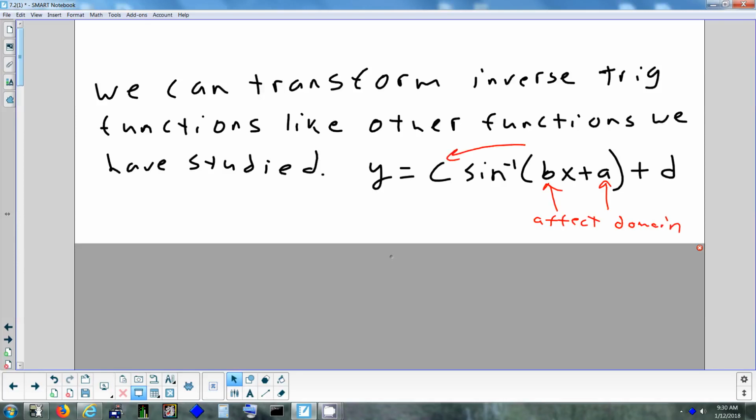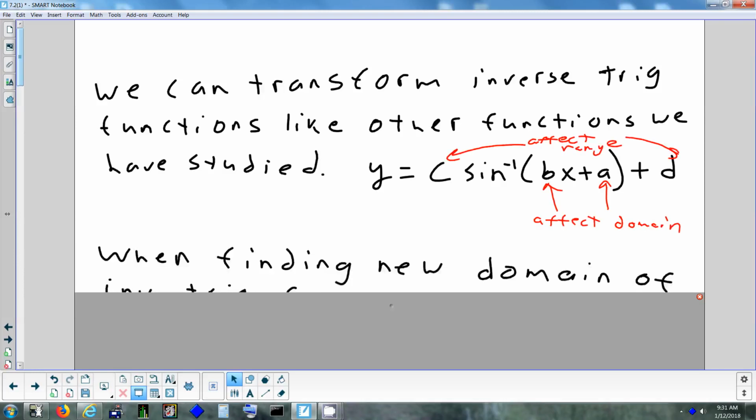C and D affect range because they're the up and down. So when we're finding the domain and range of an inverse trig function, and I ask you about the domain, all you have to focus on is the A and the B. When I ask you about the range, you're going to focus on the C and the D.